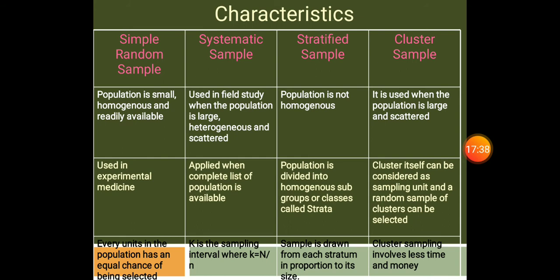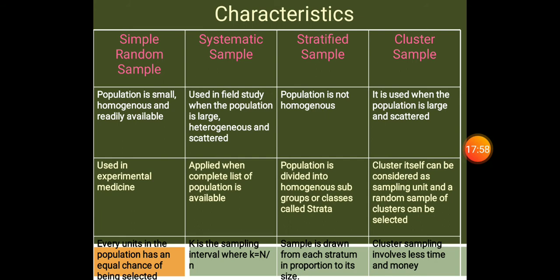So in the south zone, if we have selected Kollam, we will list out all the Anganawadis present in Kollam district, and then select the required number, say 50 Anganawadis.